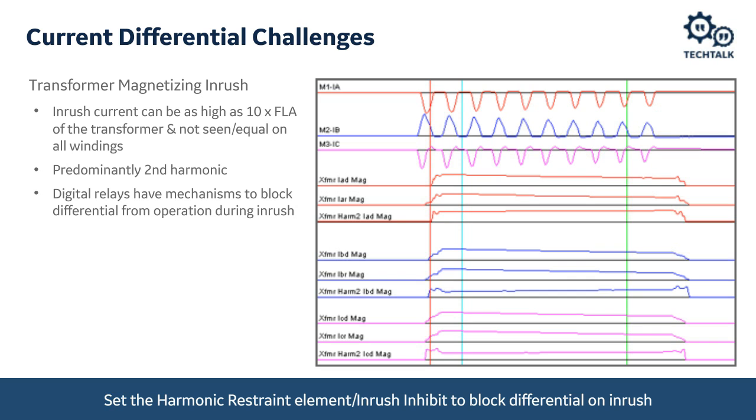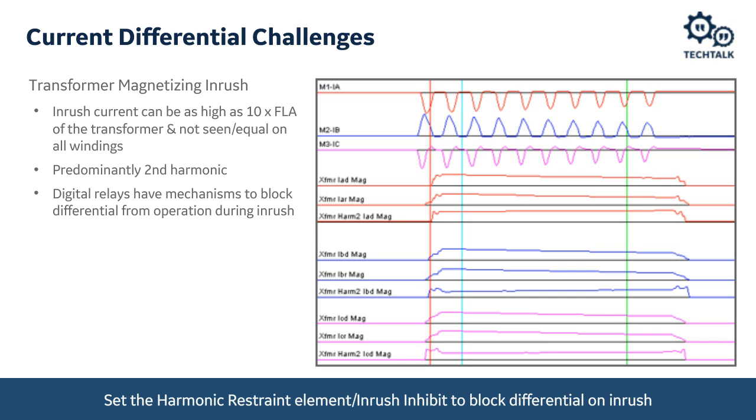The exact inrush characteristic is dependent on each transformer, but in all situations, the inrush current is predominantly comprised of the second harmonic. We can kind of see this on the oscillography on the right. So the first three waveforms are the phase currents, which you can see are irregular and seem to have some decaying components.